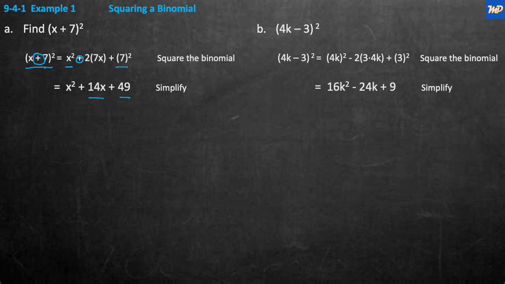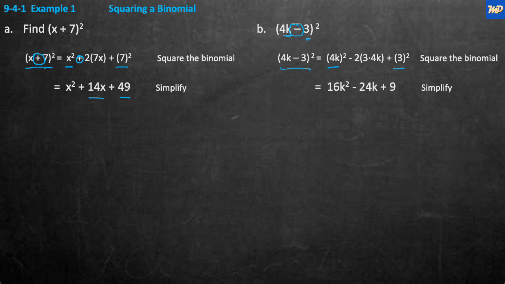How about this one? The binomial 4k minus 3 squared. We've got 4k squared. At the end, I've got 3 squared. And in the middle, I've got minus 2 times 3 times 4k.